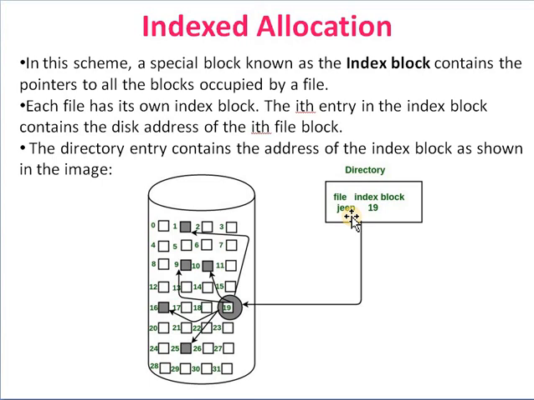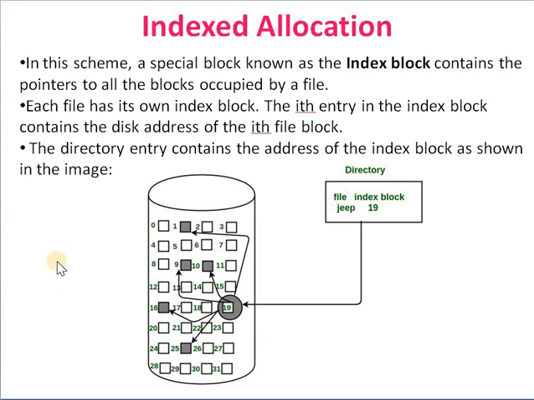Like our book index, see your book index. A book index contains two attributes: your point name, and in front of that point there is a page number. And whenever you want a particular point's description, you directly jump to that particular page number.